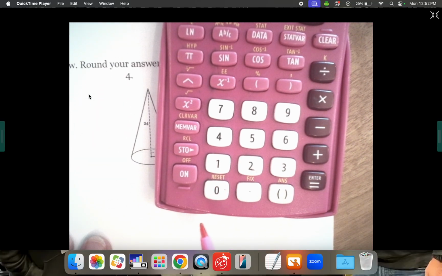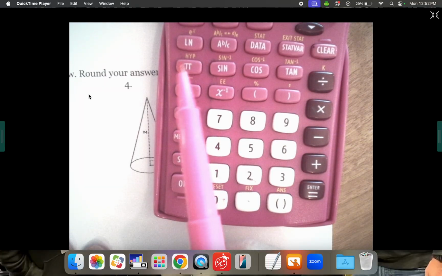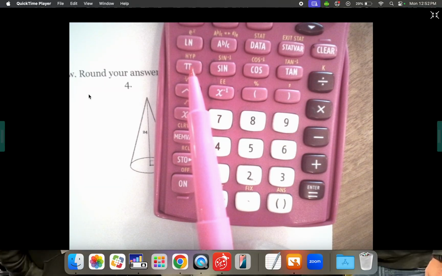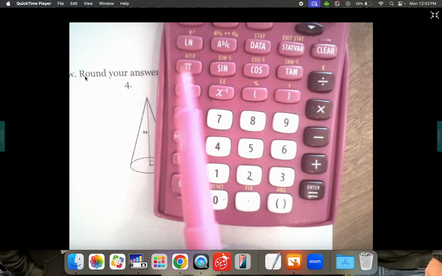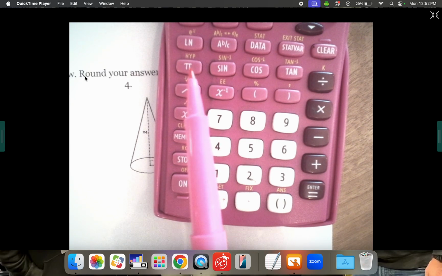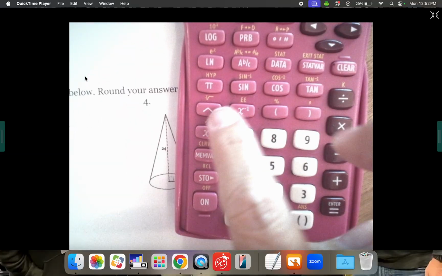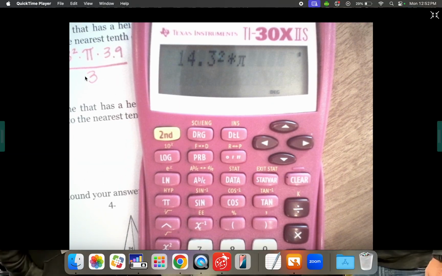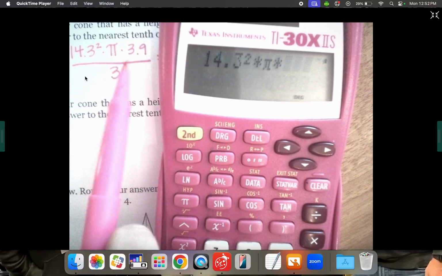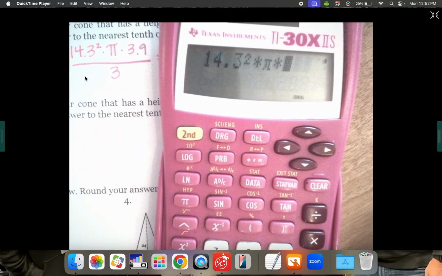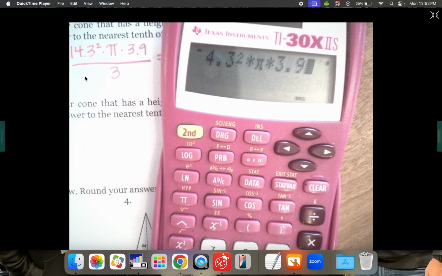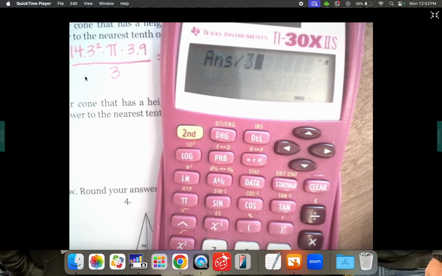So you need to start using your pi button. If you have a scientific calculator somewhere, you will have a pi button. I promise. If you're using the Delta Math calculator, there's a pi button on it. So we need to do times pi button, not times 3.14. Okay, and then times our height, which is 3.9. I'm going to do equals and then divided by 3 equals.